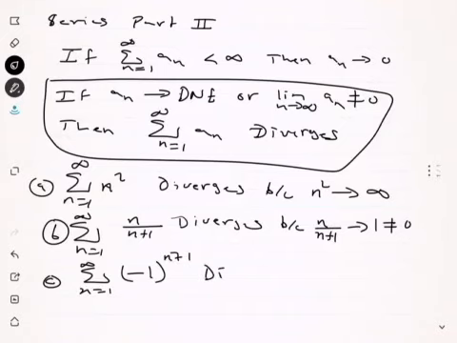The series diverges because the limit as n goes to infinity of minus 1 raised to the n plus 1 does not exist. So for C, I write DNE for doesn't exist, because the limit is either 1 or minus 1, so it's not a unique number. Okay, so this is called the nth term test for divergence.